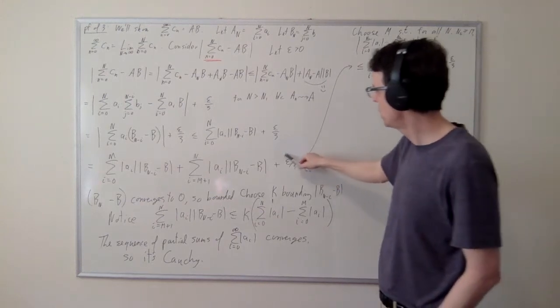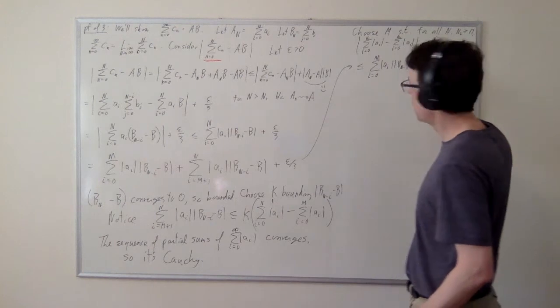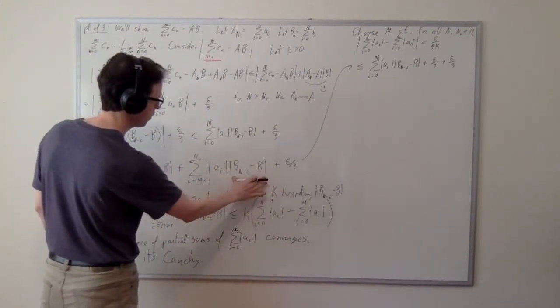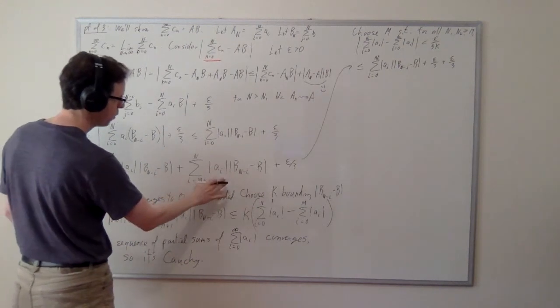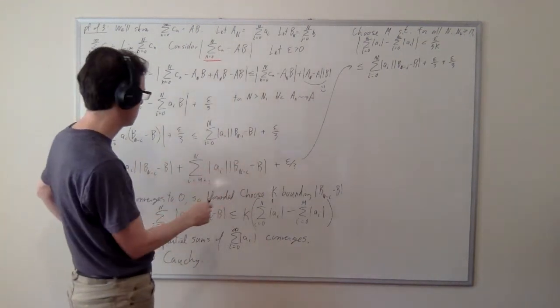So the rightmost epsilon over 3 is the one I've been carrying for a while. And this epsilon over 3 is what results from this thing. We've bounded this at K, then we've computed this to be necessarily less than epsilon over 3.